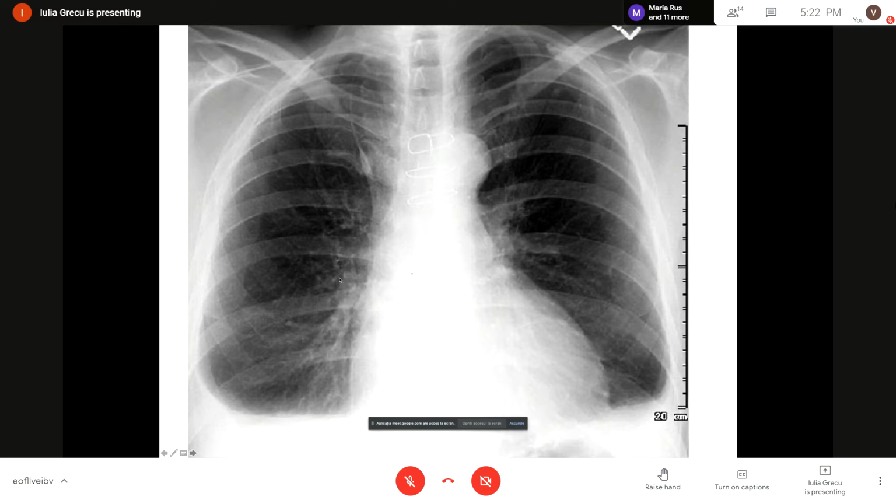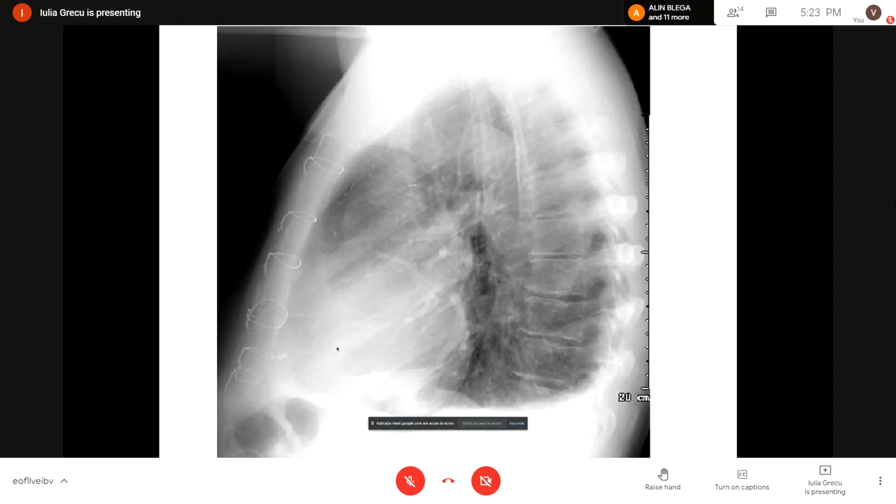We remember from the last workshop that the vascular markings are most prominent in the lower parts of the lungs and very tiny at the upper part. Here there tends to be an equalization between the two. Another thing. There is a procedure that maybe this patient had, and we have the clue for that. Do you know?